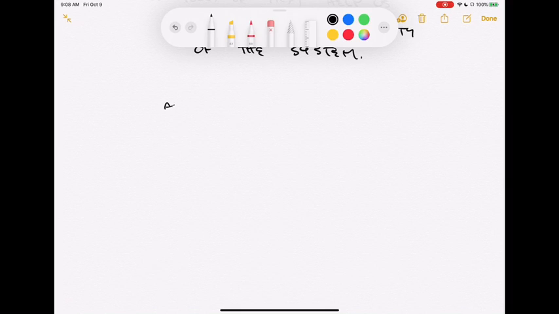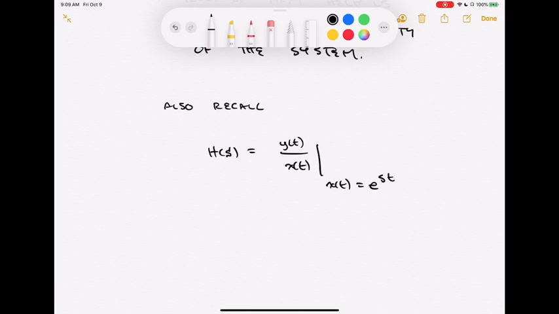Also recall that H(s) is equal to y(t) over x(t) in the case that x(t) is equal to e^(st). We had seen that before, and I had written it up there a bit. I just want to show it explicitly: if I put an everlasting exponential into the system, we had done this with a convolution calculation, we got e^(st) H(s) on the output.